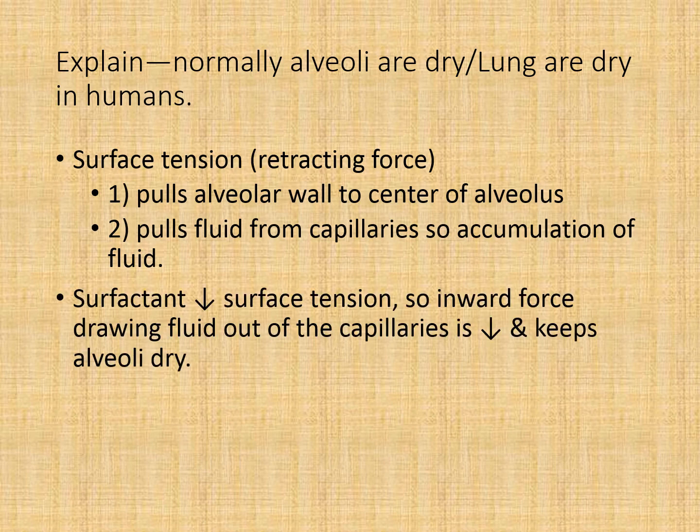But because of the presence of surfactant in the lung alveoli, it reduces the surface tension. So the inward force drawing fluid out of the capillary is reduced and keeps the alveoli dry. So simply because of the presence of surfactant in the lung, alveoli are dry.